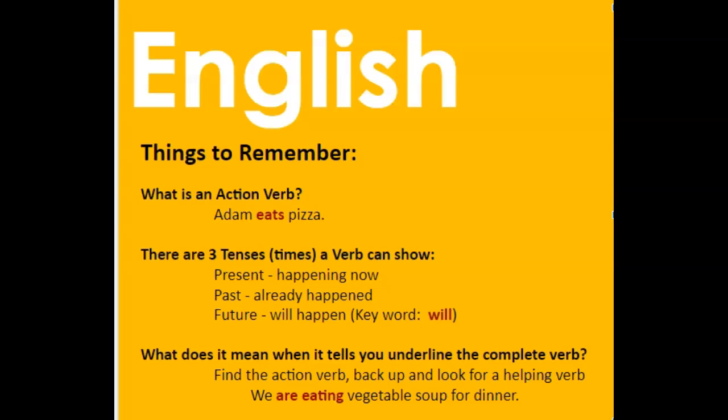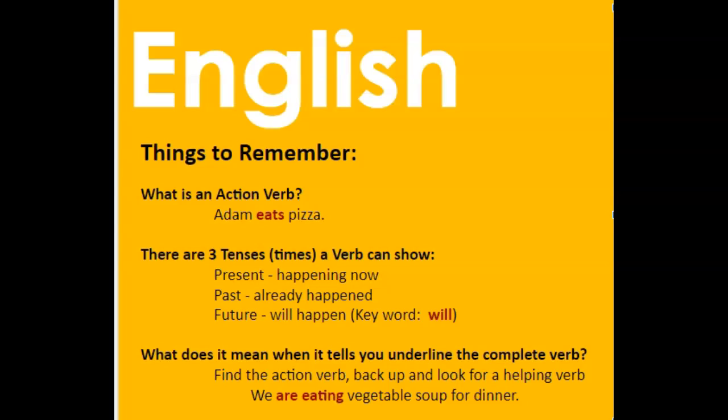And we all know our helping verbs. If we need to, we can go back and find that little song and sing it again. Am, is, are, was, were, have, has, had, do, does, did. Those words, those are all helping verbs.